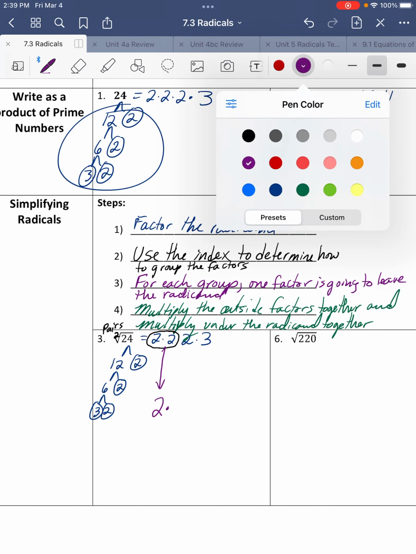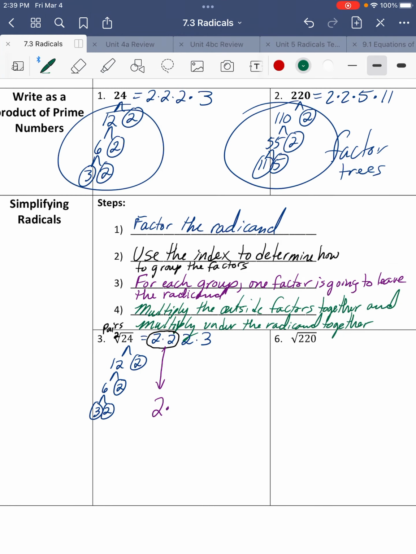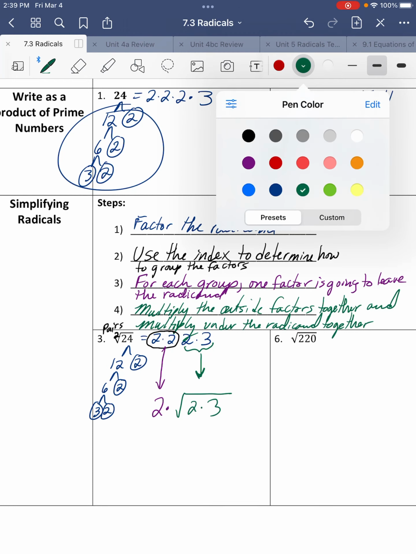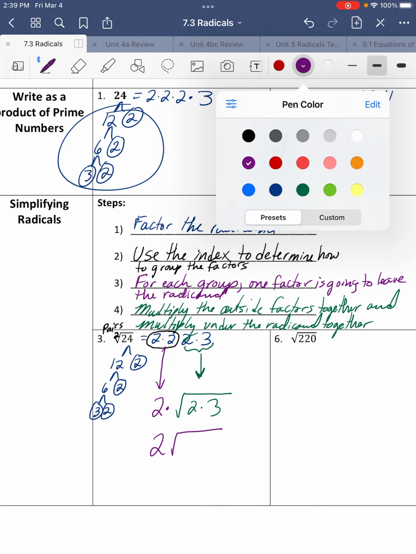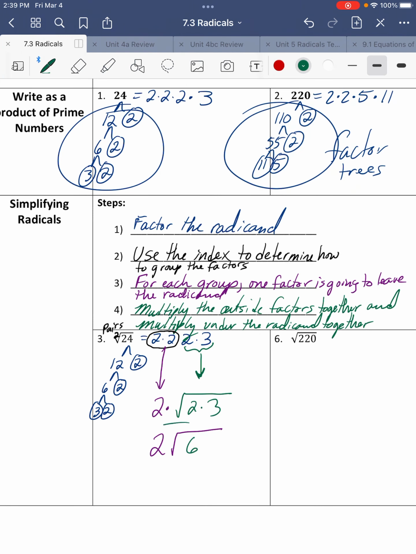Then what's underneath, we're going to leave. We have a 2 times 3, that's going to stay. They don't have pairs, so that's going to stay underneath. It's 2 times 3. And now we're going to multiply the outsides. There's nothing to multiply on the outside, so that 2 stays there. So it's going to be 2, and then on the inside, we have 2 times 3 is 6.